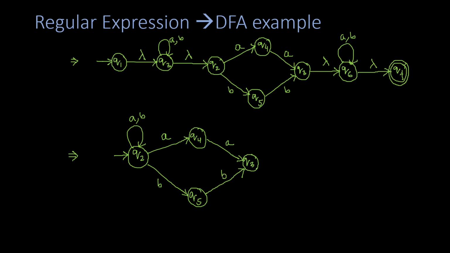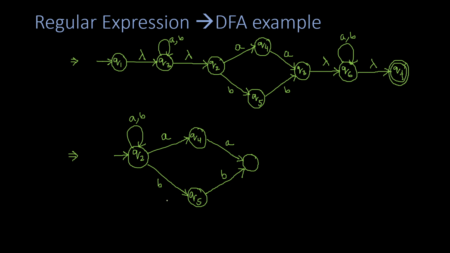And now you see this particular state, I can see the same situation we have seen over here. Without consuming anything I can reach Q6, then without consuming anything I can reach the final state. So reaching Q3 is actually, in some situations, the same as reaching the final state. Let's write the name clearly.